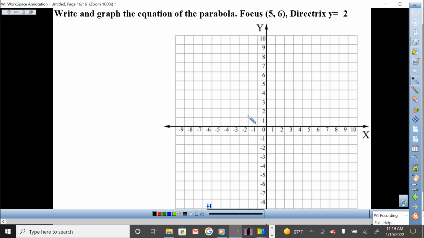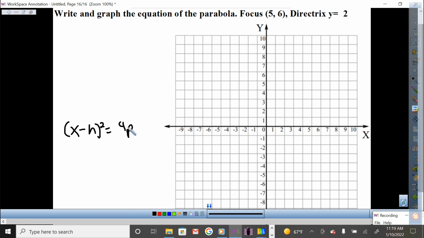By looking at the directrix, what equation in standard form are we going to use if the directrix is y? Share with your neighbor. All right, so on the side of your graph, halfway down, I want you to write (x minus h) squared equals 4p times (y minus k).